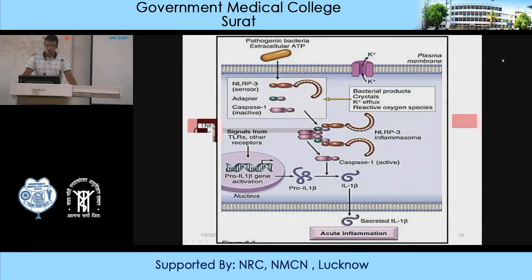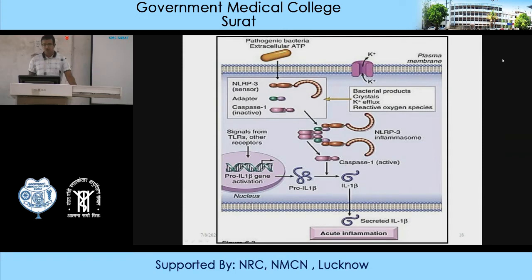After binding with the antigen it converts into an inflammasome, and it activates caspase 1, which is initially inactive. After forming the inflammasome, caspase 1 produces the cytokine interleukin 1 beta. This cytokine induces the inflammatory reaction at the site of infection, and it produces phagocytosis of the infected cells.